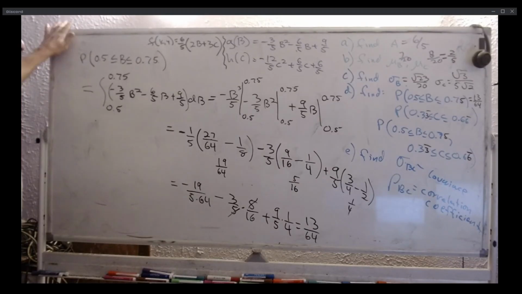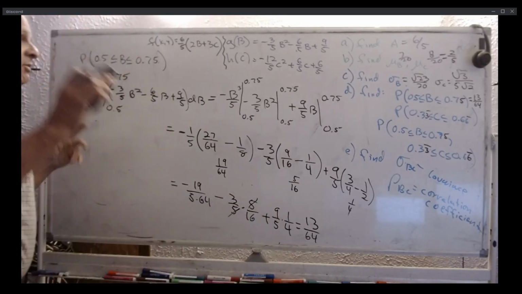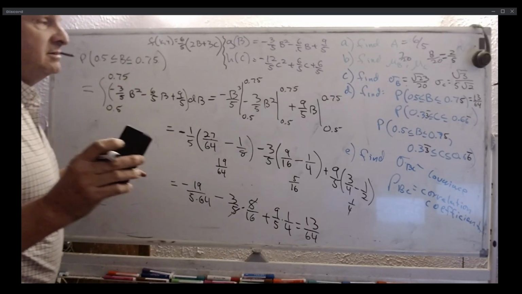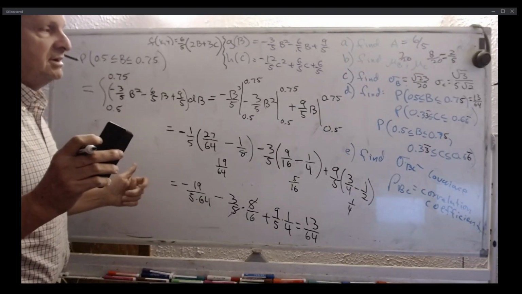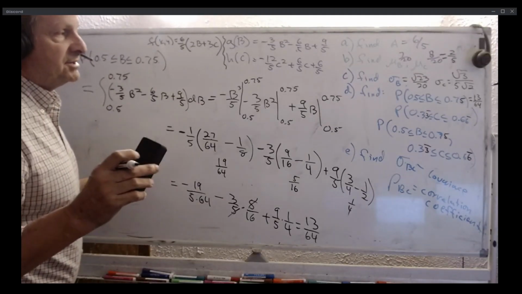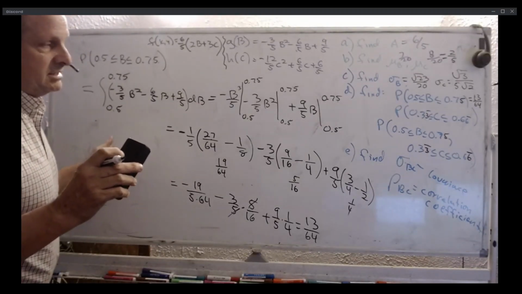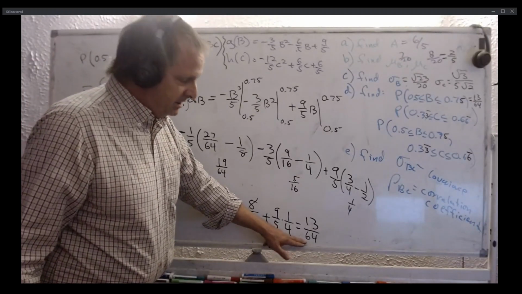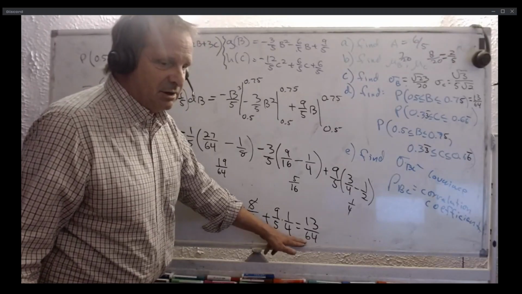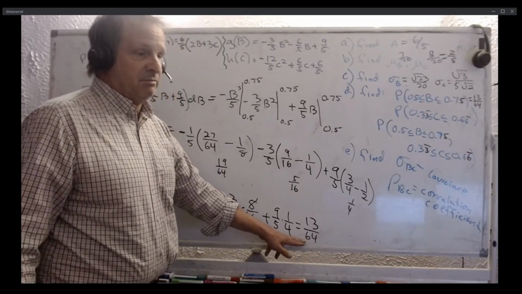I've got to erase the stuff in black. While I'm doing that, think about whether the probability that C is between 1/3 and 2/3 is going to be close to this number, way less than this number, or more than this number.